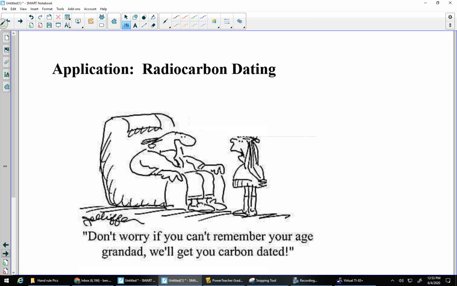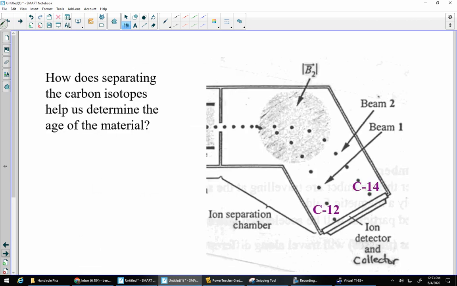Okay. We can also do carbon dating with this. This is a cartoon that doesn't actually make sense. Little kid says, don't worry, Grandpa, if you can't remember your age, we'll get you carbon dated, which doesn't actually make a ton of sense because carbon dating doesn't work for living organisms.